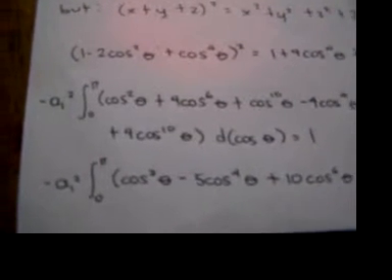Next, we're going to combine the like terms, which will give you this. Sorry for that, I'll just read it. Cosine squared theta minus 5 cosine 4 theta plus 10 cosine 6 theta minus 10 cosine 8 theta plus 5 cosine 10 theta minus cosine raised to 12 theta, times d cosine theta, equals 1.